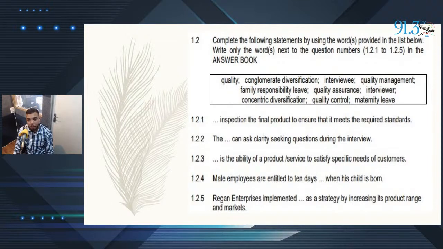They don't give us paternity, therefore your answer would then be family responsibility leave. 1.2.5, Vegan Enterprises implemented what as a strategy by increasing its product range and markets? Your answer here would then be concentric diversification. We now move on.